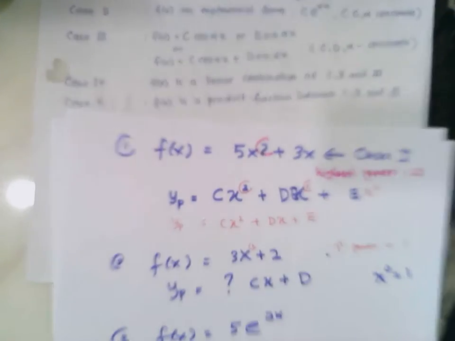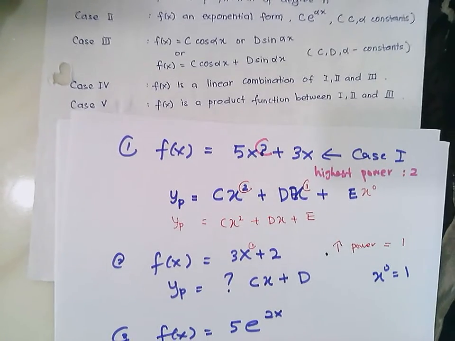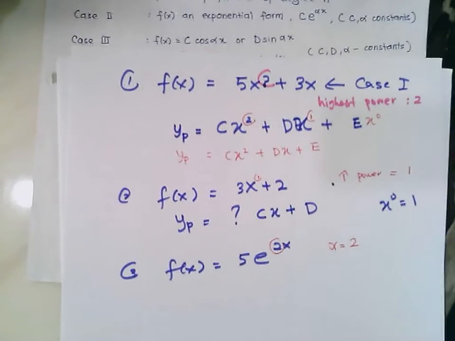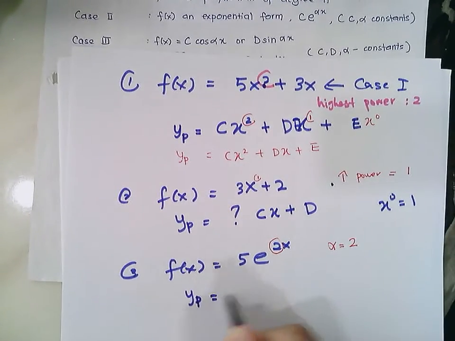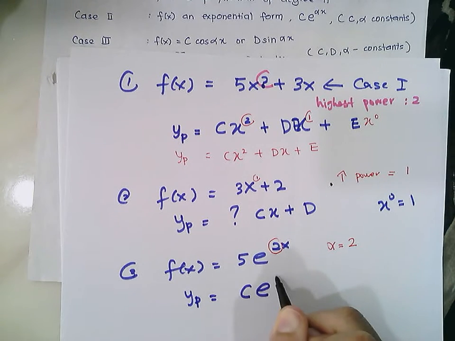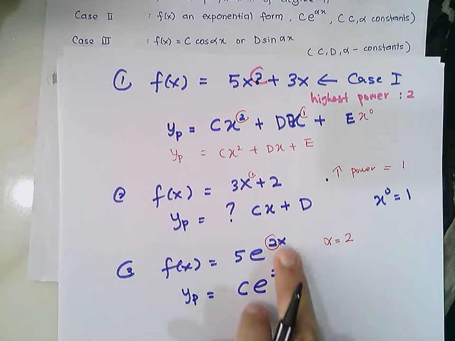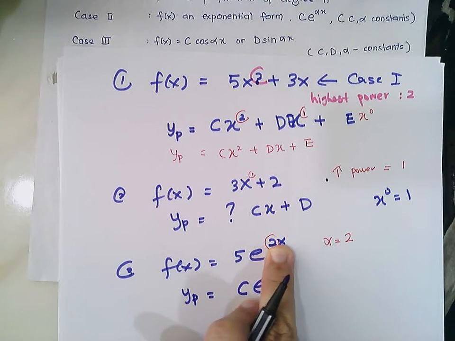Here what you have to know is the value of alpha. Your alpha is equal to 2. Therefore your suggestion for yp will be c exponent 2x. Why 2? Because in your fx here, the power of the exponent is 2.